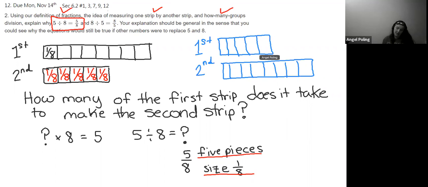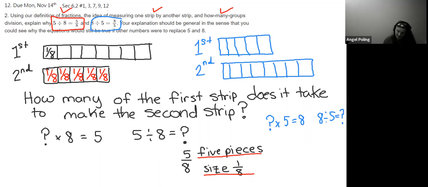Okay, so now when we ask how many of the first strip does it take to make the second strip, we're asking how many of the strip of 5 does it take to make the strip of 8? This is our 8 divided by 5, the second part of the question here.